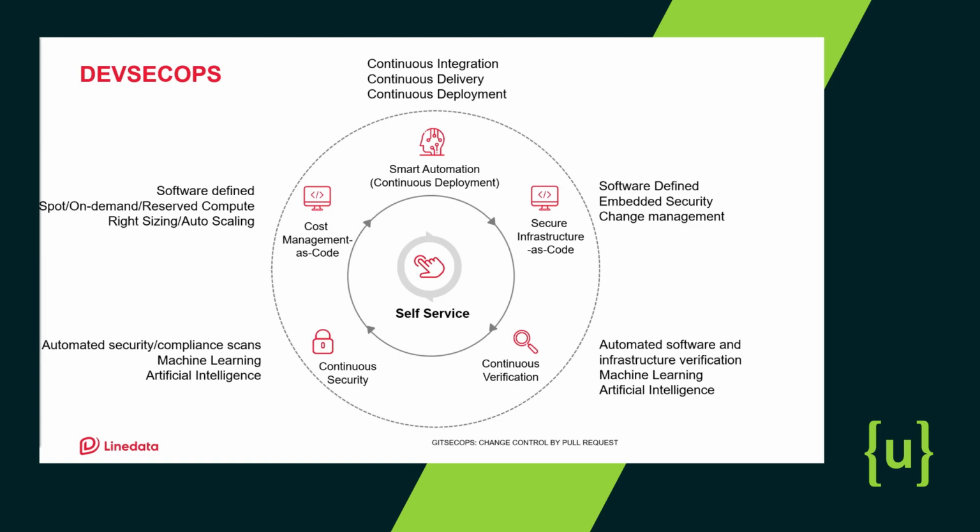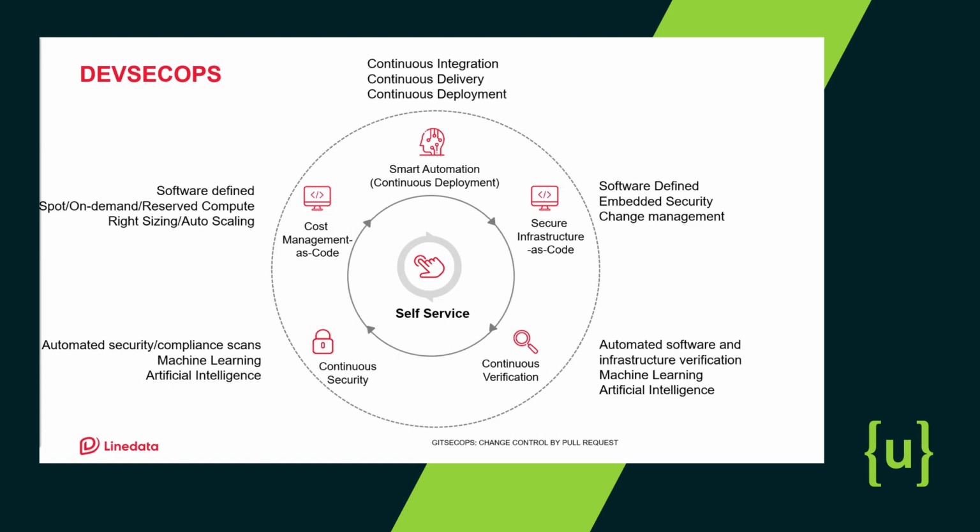However, through infrastructure as code, you can embed security into your infrastructure and automate the provisioning of your cloud accounts, your networks, your storage, your cloud services, your EKS clusters, anything that is needed for your application to actually function.